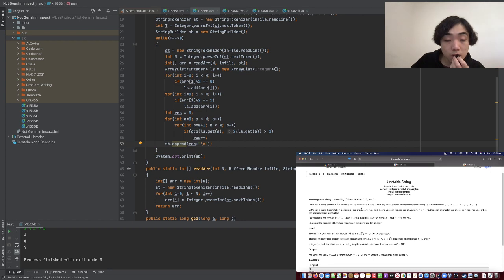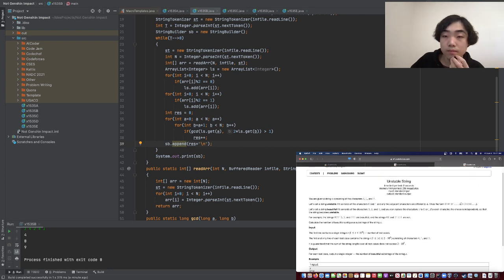It's called unstable if it consists of the characters 0 and 1, and any two adjacent characters are different. If it contains the characters 0 and 1 and any two adjacent are different.